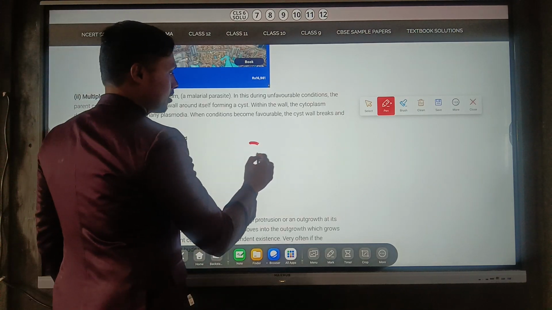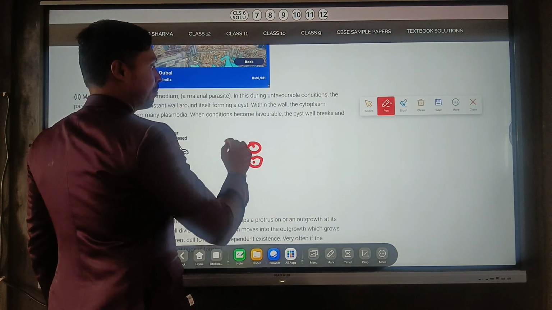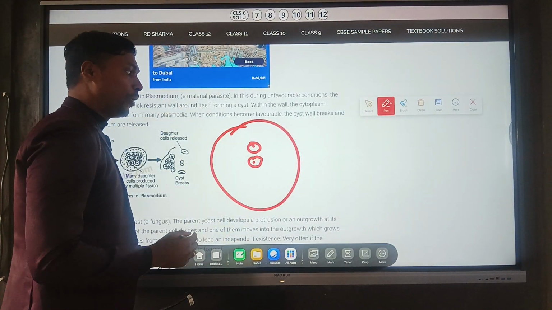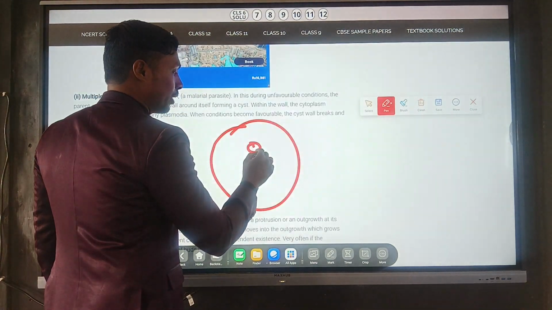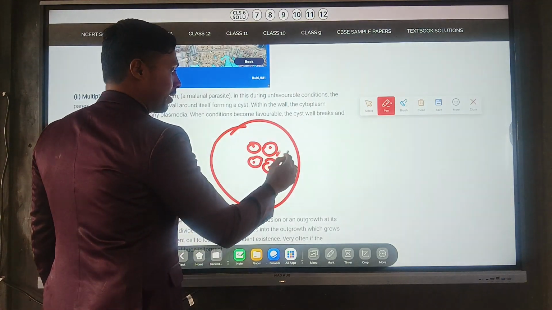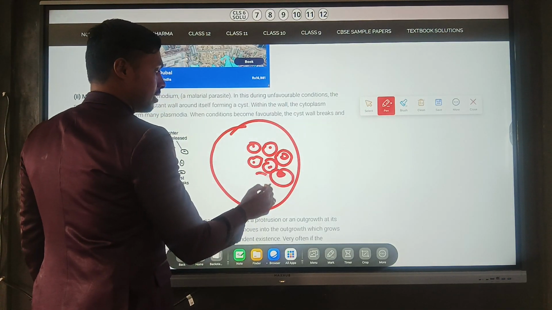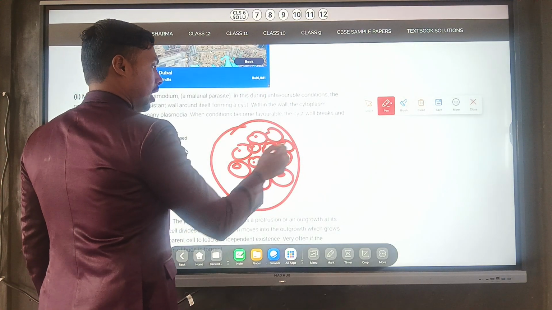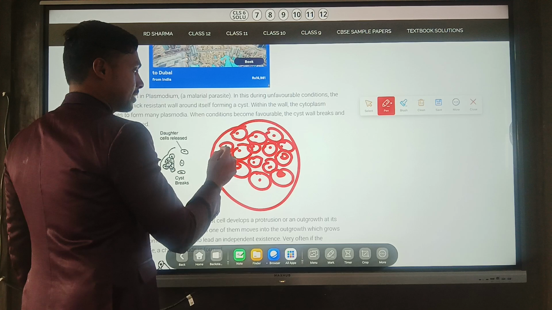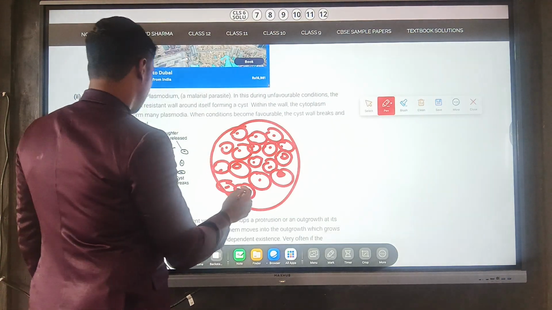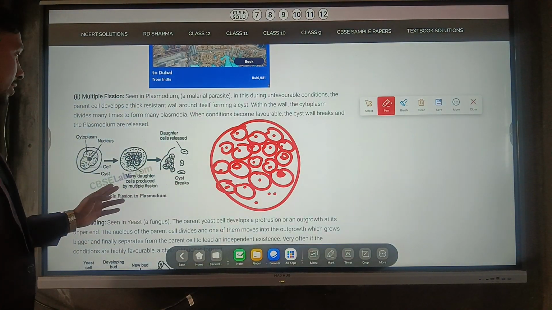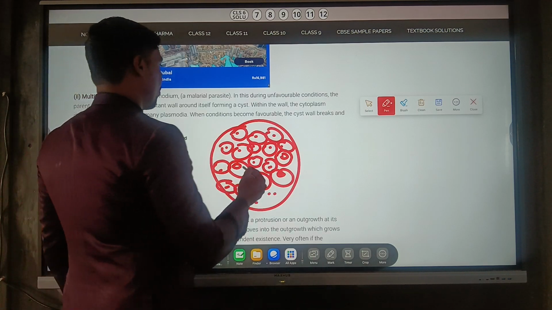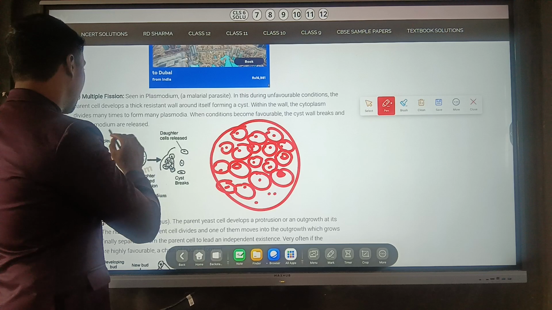This is the cell here. On the outer side, a temporary coat is formed. Inside it, the cell develops and multiple fission happens, making many more cells. It continues to reproduce, so uncountable numbers of cells are produced. The many daughter cells produced by multiple fission lie within the cyst, with the nucleus and cytoplasm.